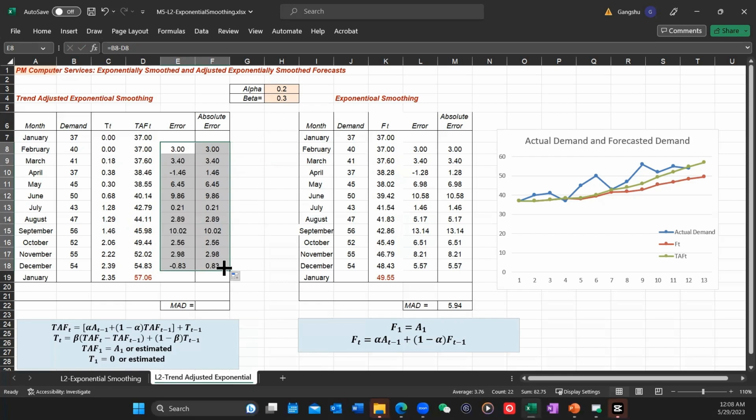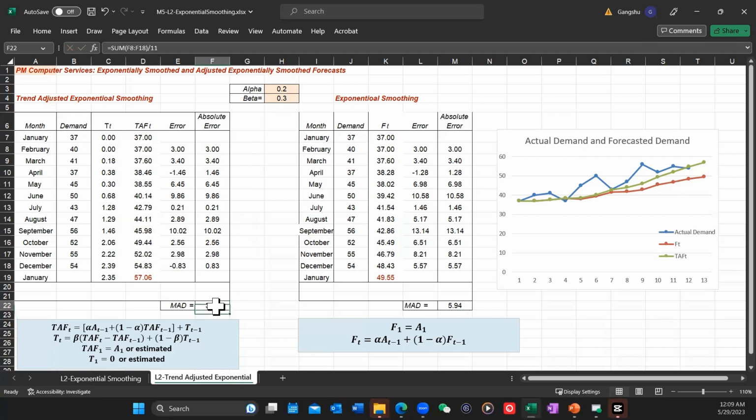So we have 11 absolute error cells. Now let's go to the MAD, which is equal to the sum of all absolute errors divided by the number of the absolute error points, which is 11. That gives us a 3.97 MAD.